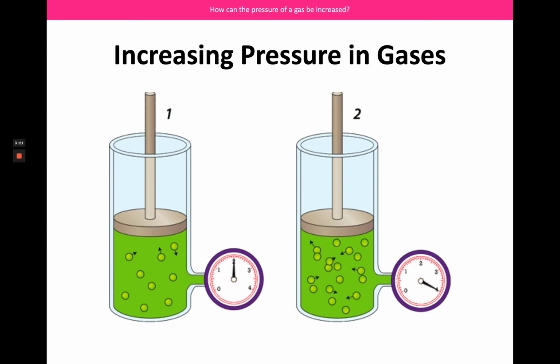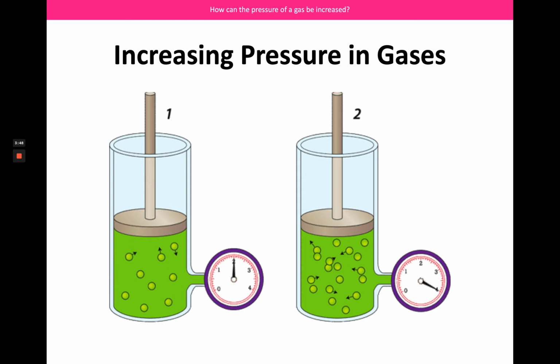The thing that's different between them is, if we compare the left-hand side with the right-hand side, there are a lot more particles in the right-hand side. So simply putting more particles in the same volume, and the volume is controlled, it's the same, the volume that the gas particles are in. By having more particles in the same volume, we are increasing the pressure.